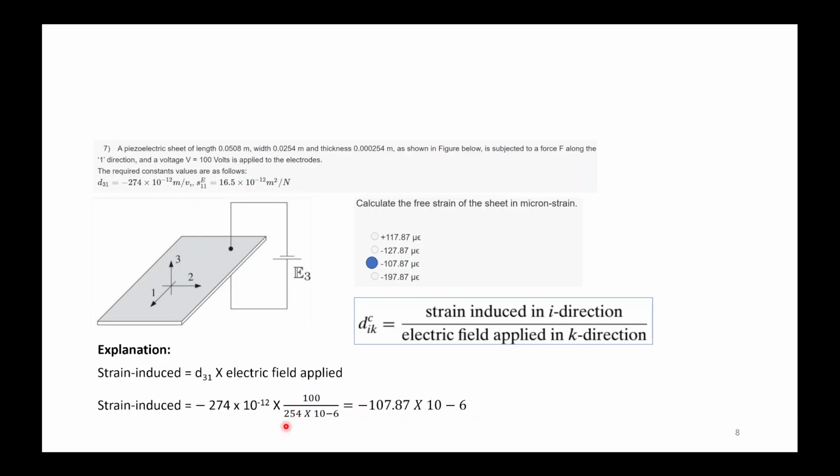Length will be, we are applying in this direction, so length will be the thickness, and thickness is given in meter, so we can also write this as 254 times 10 to the power minus 6. So your answer will be minus 107.87 times 10 to the power minus 6. Now they have asked in microstrain, so you can remove the micro part, 10 to the power minus 6, so the answer will be minus 107.87.